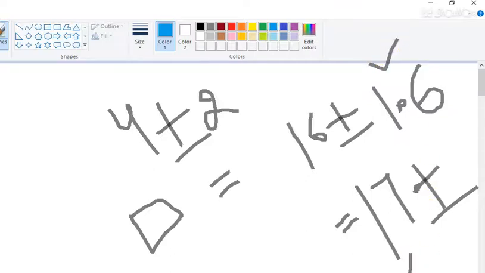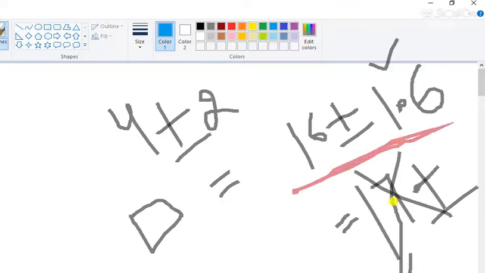You will not write it as 17, you have to write 16 plus minus 1.6. Only this will be your answer. You will not write 17 because it is not sure. I will discuss some more questions with you.